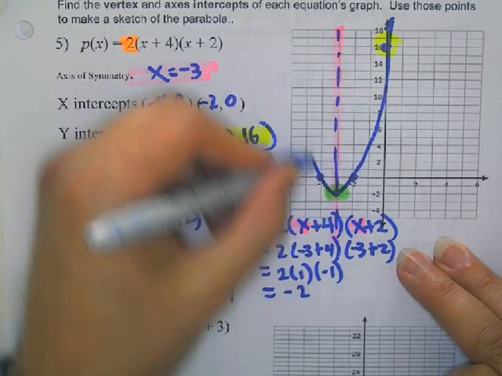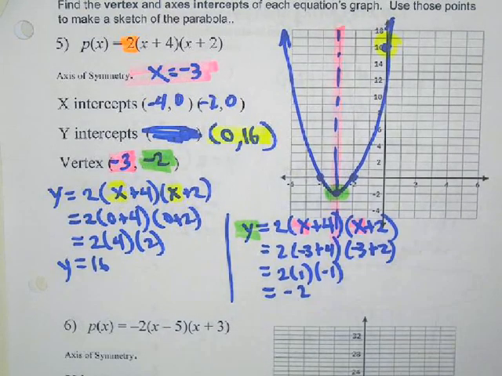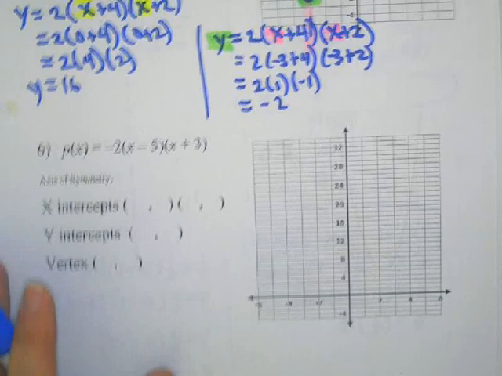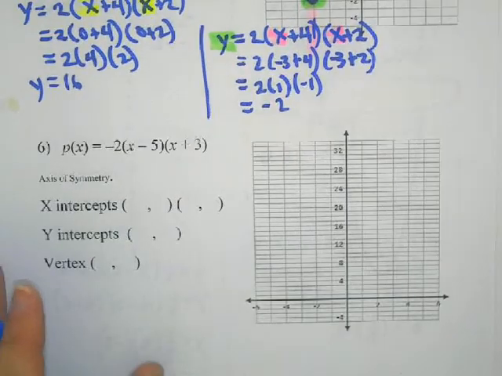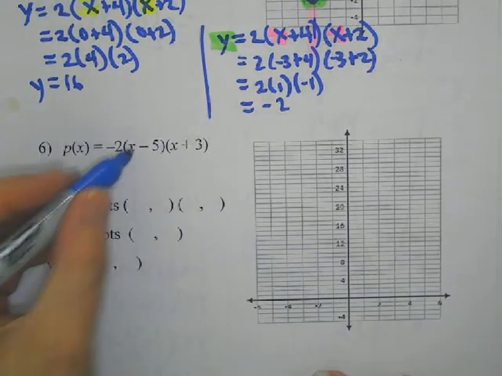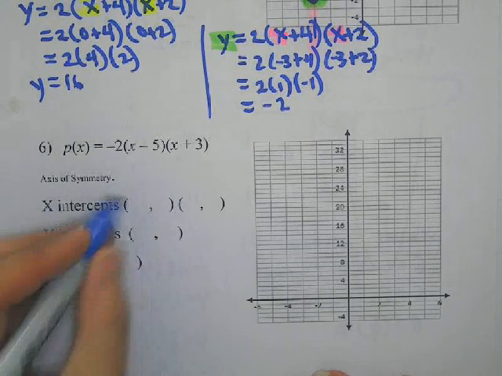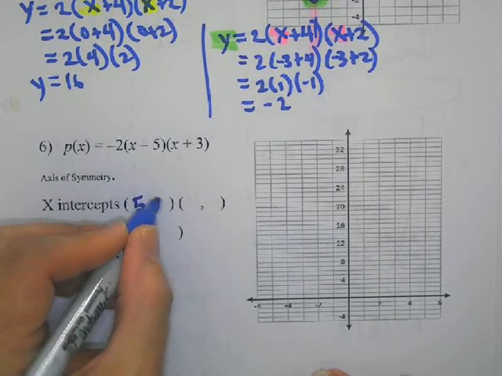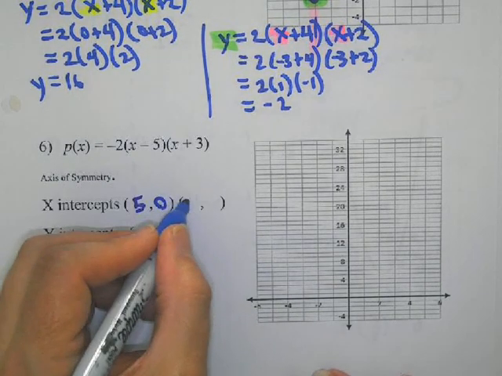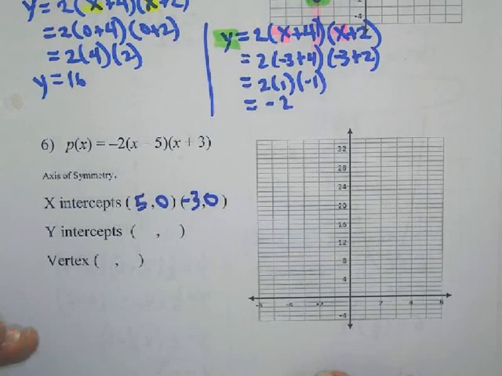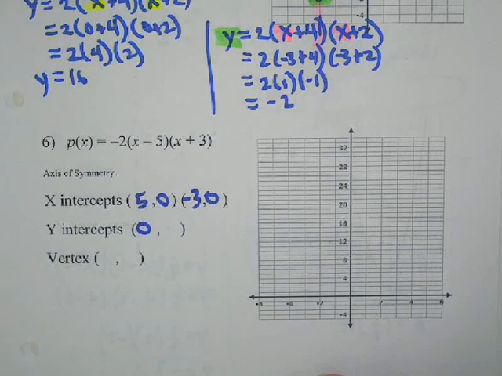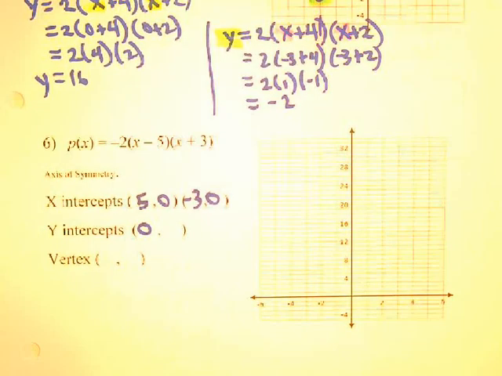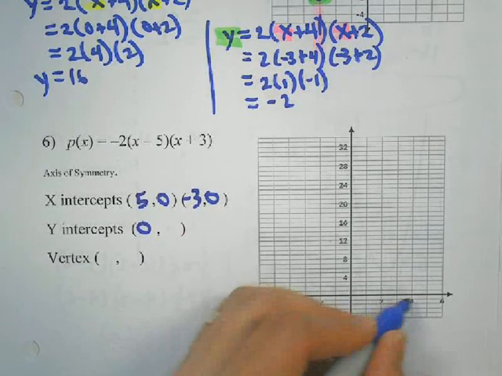Okay. And last question. Okay, so x-intercept is 5, comma 0 and negative 3, comma 0. The y-intercept, x is 0 here. Halfway, let's plot those points. 5 and negative 3.